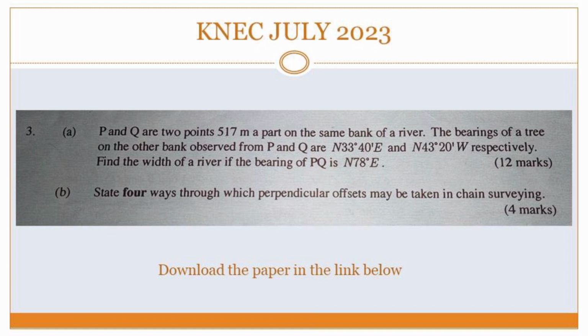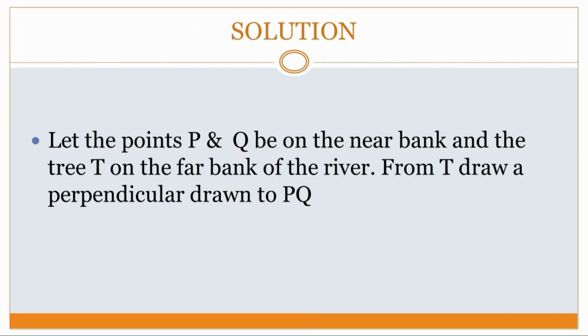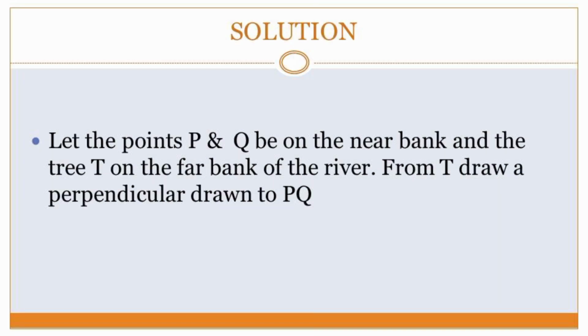Question B, that is an easy question. You can tackle that question. Let's go ahead to the solution. Let the points P and Q be on the nearer bank, and the tree represented by letter T on the far bank of the river.